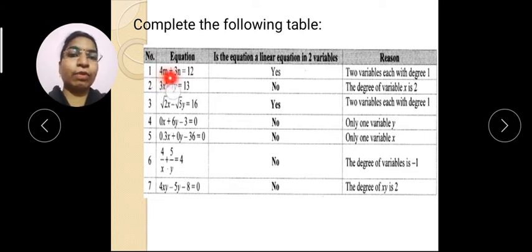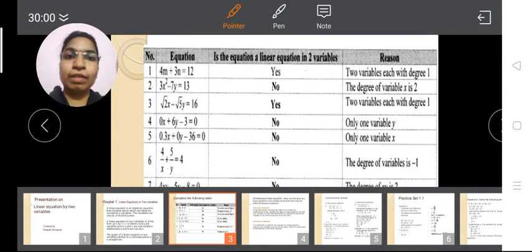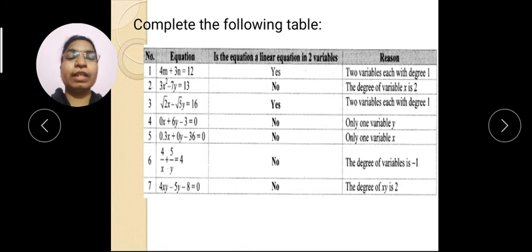Now listen, 4m plus 3n is equal to 12. In the first equation, m and n are the two variables, whereas 4, 3 and 12 are all constant values. Both variables m and n have degree 1 and therefore this is a linear equation in two variables.